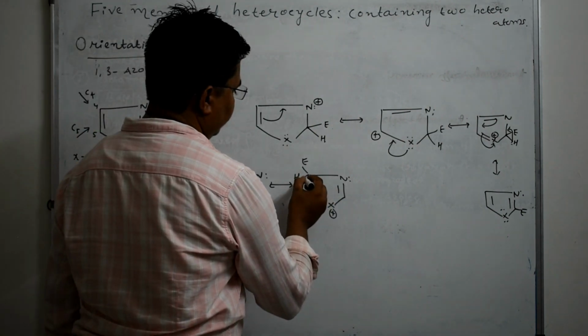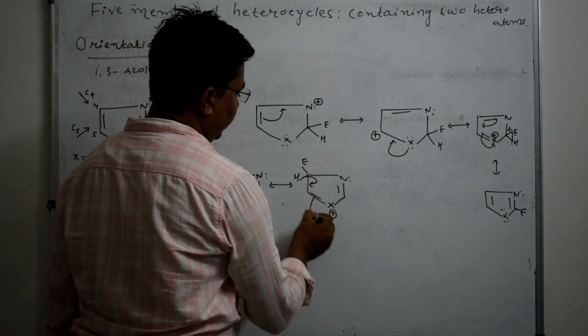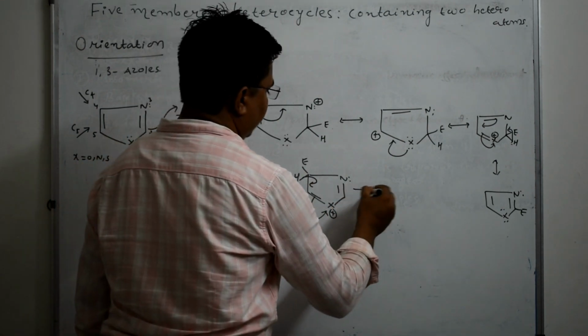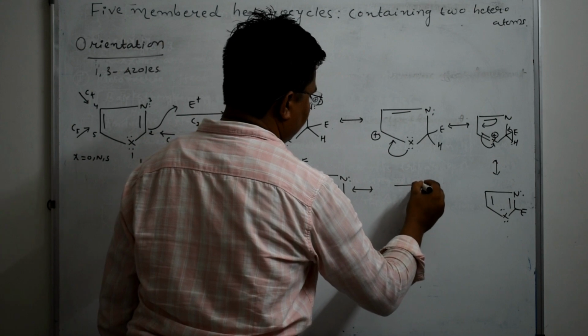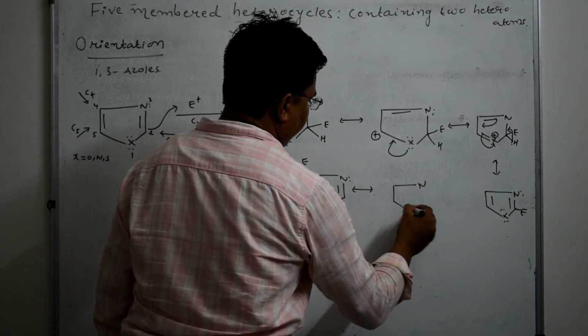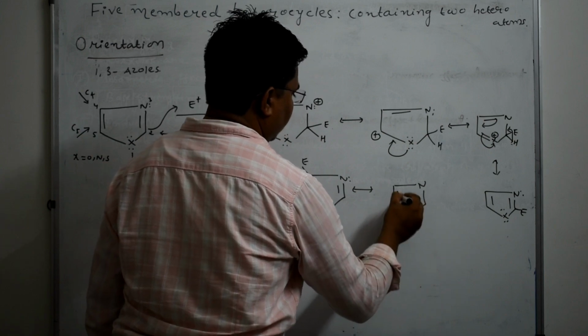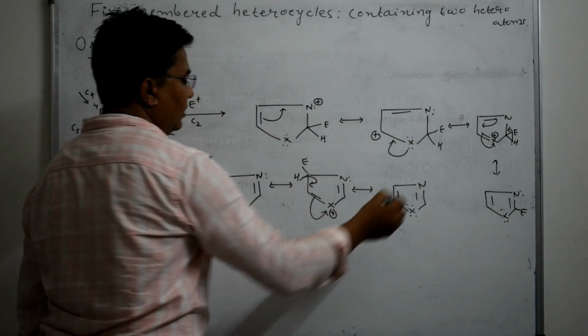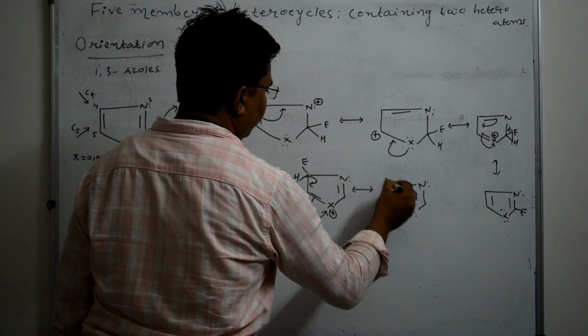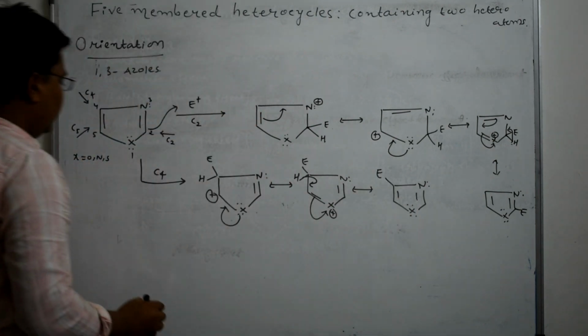So this hydrogen will be eliminated and migrate over here, and the charge will be transferred towards the X. So nitrogen, X, right? So these are the resonating forms for the C4 attack.